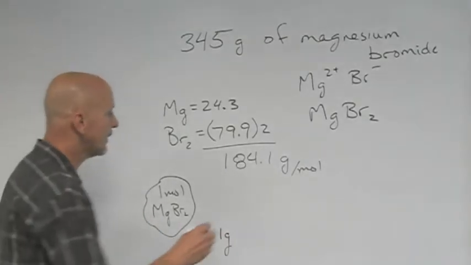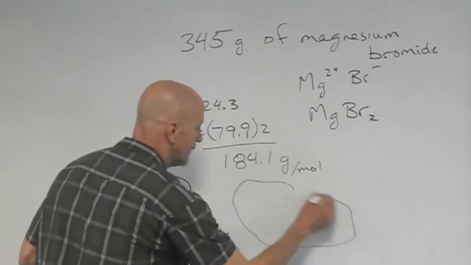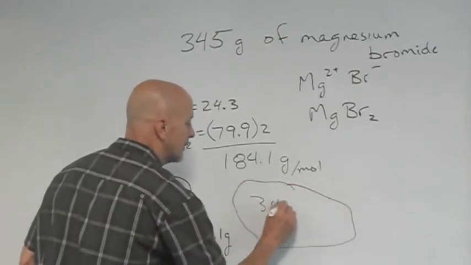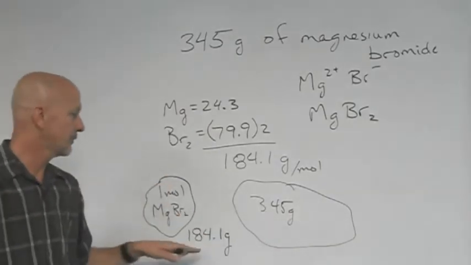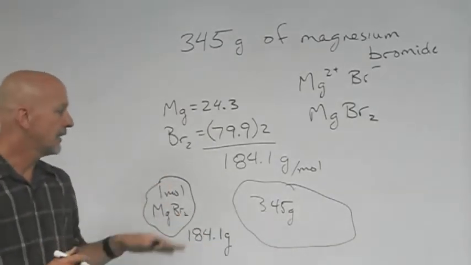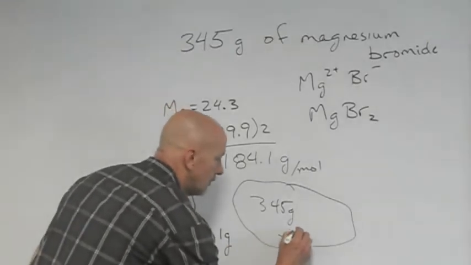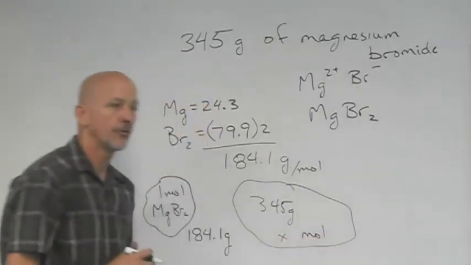So I now have, of course, a bigger chunk of magnesium bromide. I have 345 grams. I can see that I have more than 1 mole by the mass, because the mass is bigger. And that is X moles, how many moles. So we'll find that out.